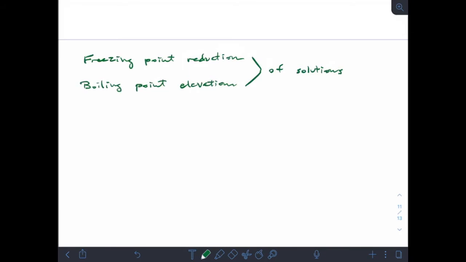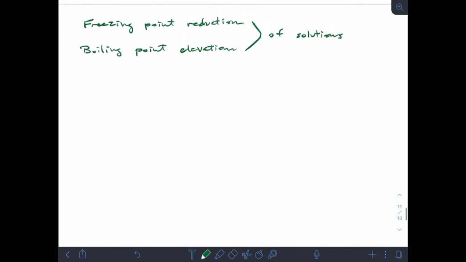So the point is that these are colligative properties. The number of particles that I add to my solution will push the freezing point further down or raise the boiling point higher up. And we have equations for it.